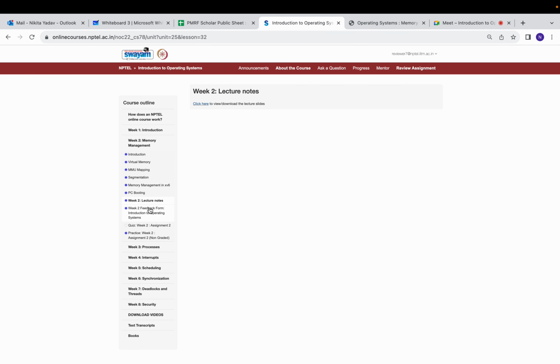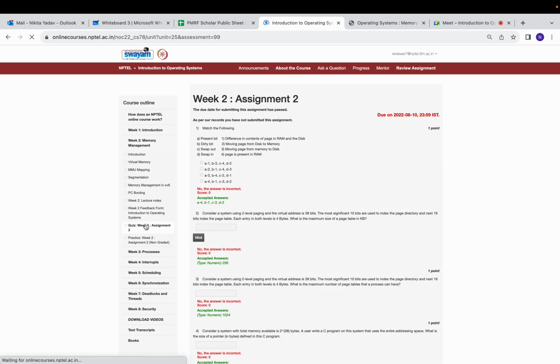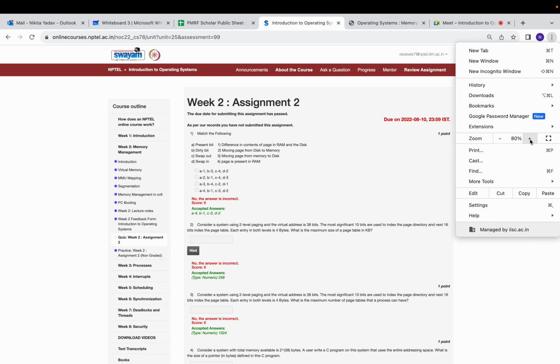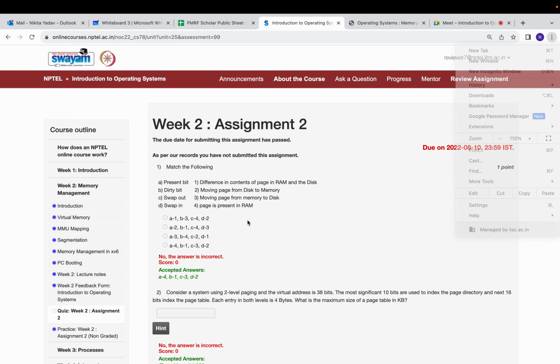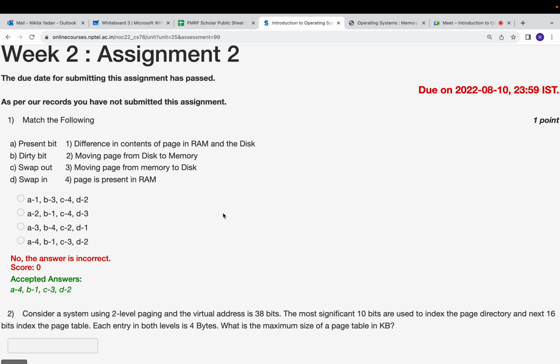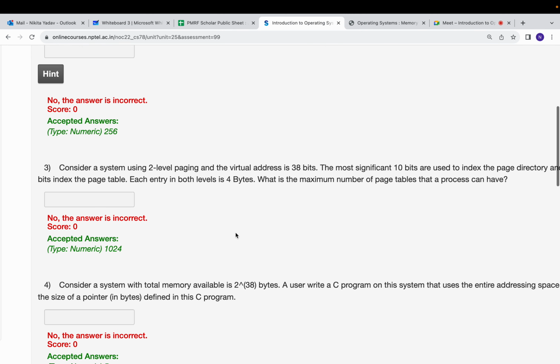Yeah, so from main memory you move the content to the backing store, the disk.